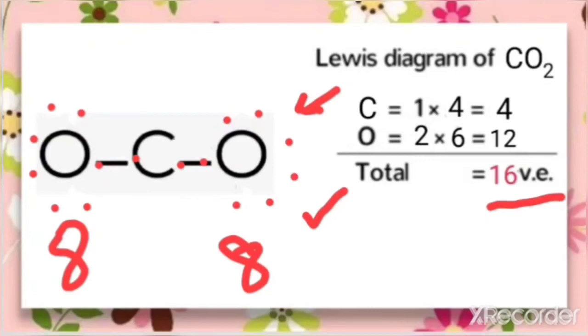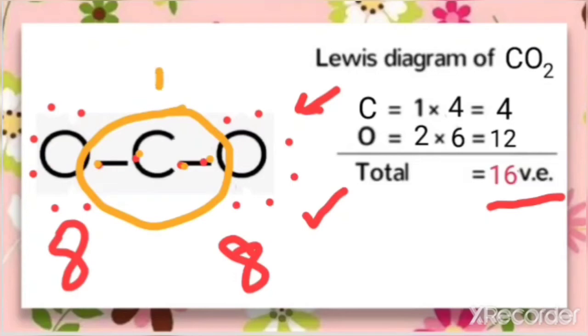What about the carbon? Look at the carbon, because there are no further electrons left. So we are not keeping any dot on the central atom here. When you count the number of electrons surrounding the carbon, 1, 2, 3, 4.